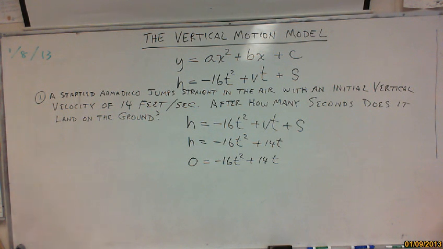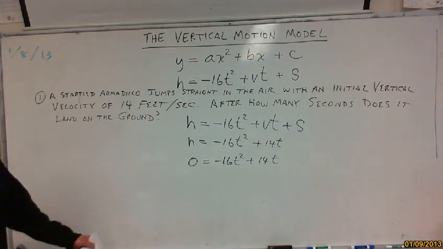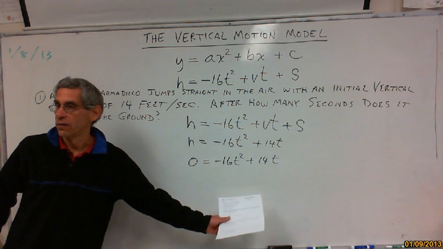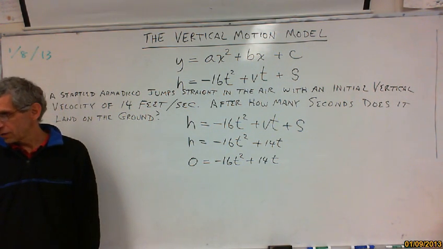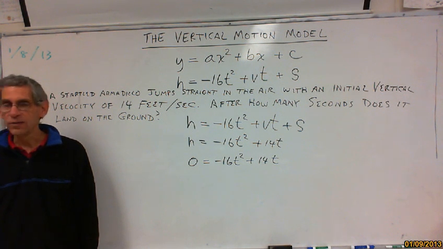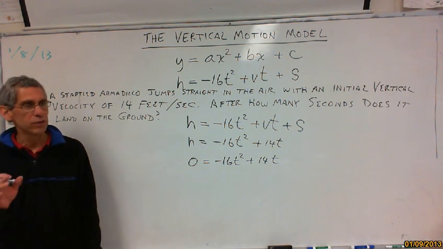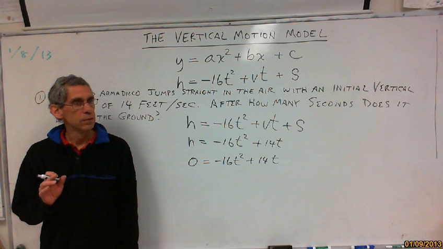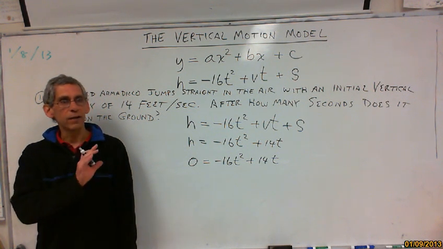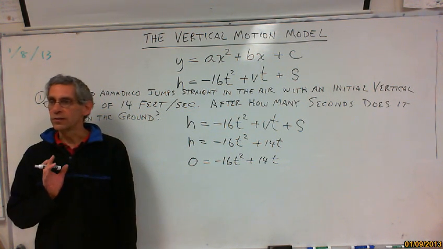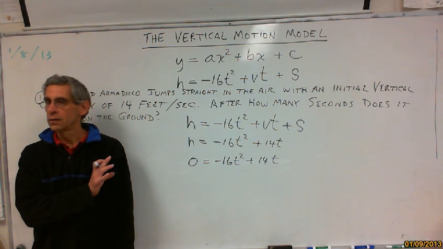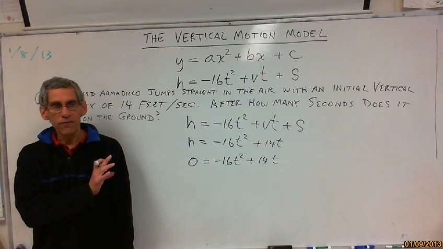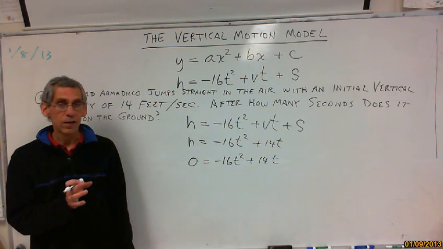Now, when I ask you to find the zeros, what do you have to do to it? On all the problems I've given you, what did you have to do to find the zeros? I gave you a quadratic expression equaling 0. What did you do with that quadratic expression? Yes, you factored it.